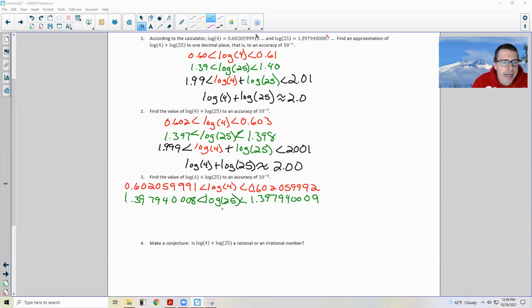All right, so then we're going to add them. So we're going to say the log of 4 plus the log of 25 is going to be between, oops, just switch to black for the rest of this. It's going to be between the sum of these two values.